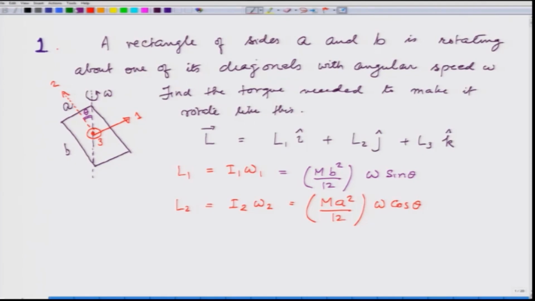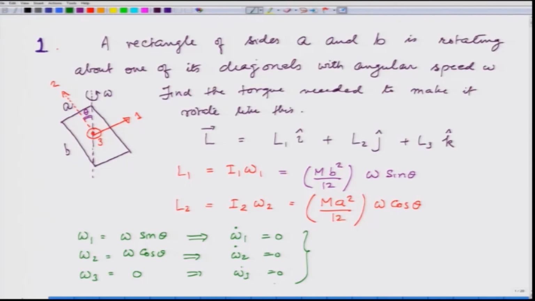So, along the way, omega 1 is omega sine theta, omega 2 is omega cosine theta, and omega 3, the component of omega along axis 3, no matter where the rectangle is, is always going to be 0. This also tells you that omega 1 dot is 0, omega 2 dot is 0, and omega 3 dot anyway is 0, because omega 3 remains 0.